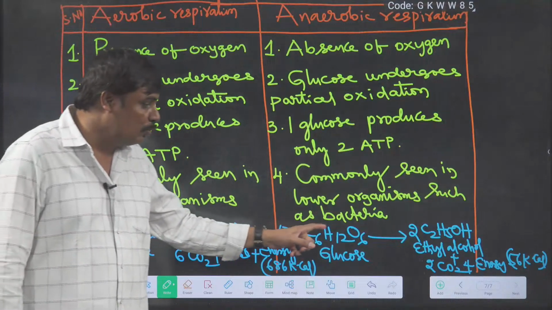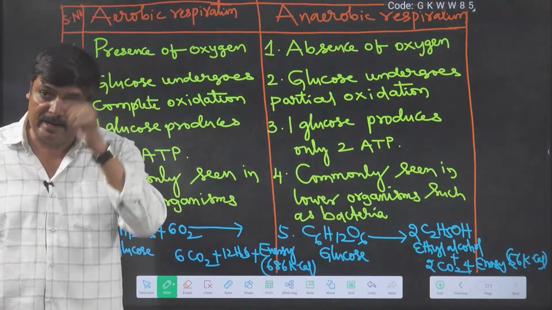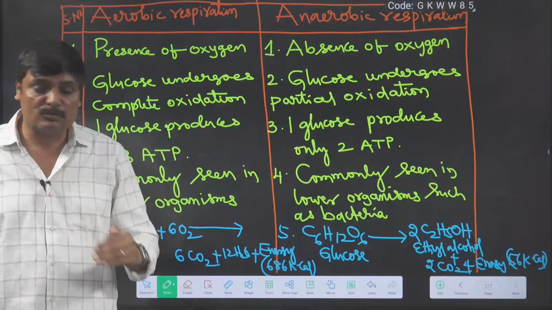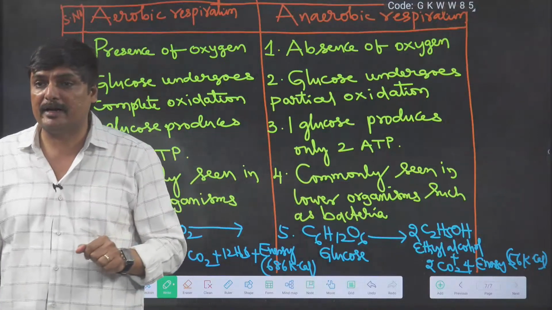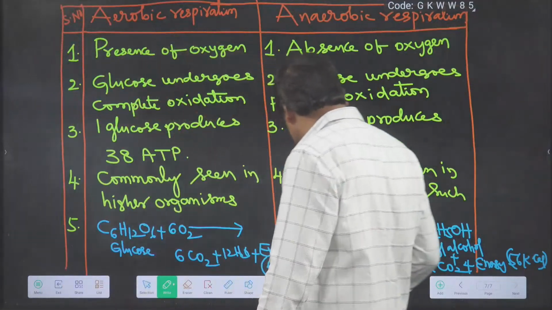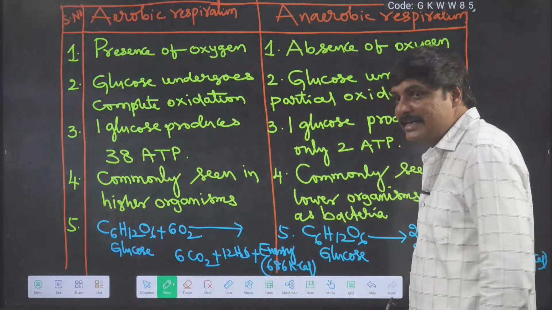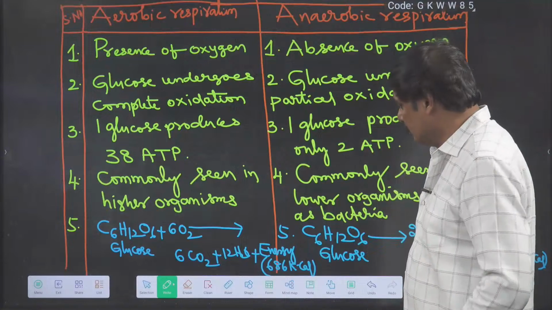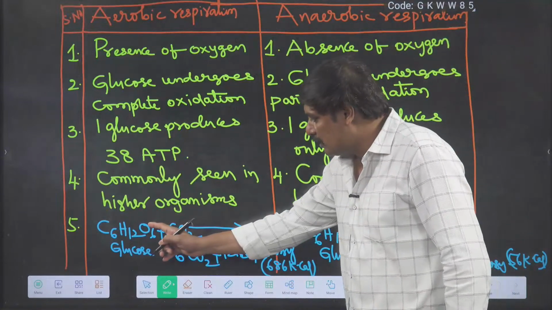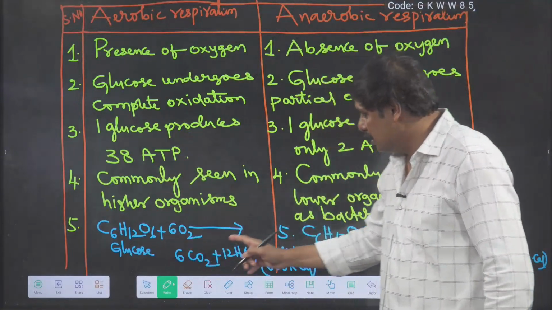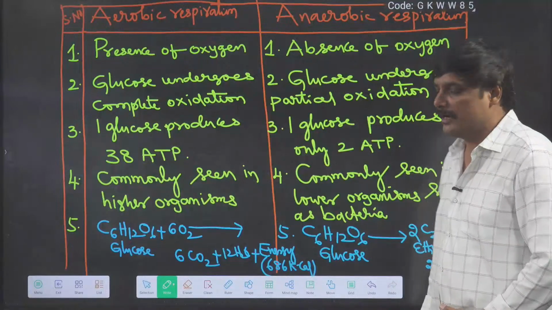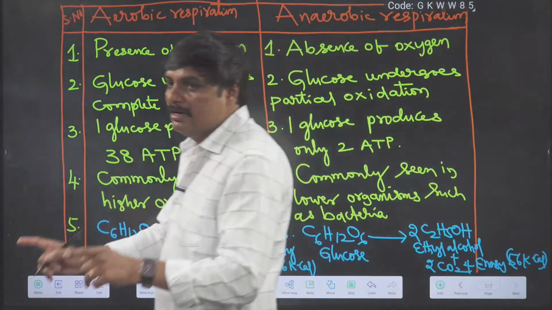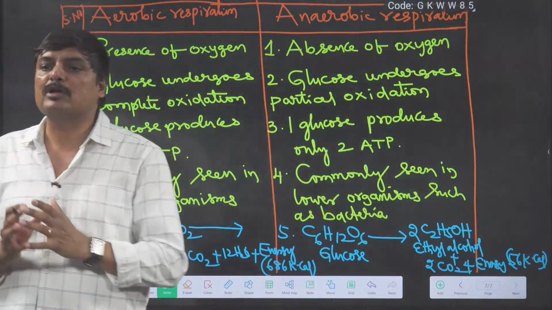That means glucose is not completely broken down, not completely oxidized, and hence only a less amount of energy is liberated. The best example, this reaction takes place in yeast cells. Yeast are unicellular fungi. If glucose undergoes complete oxidation, more energy is liberated; if only partial oxidation, it releases only a small amount of energy.